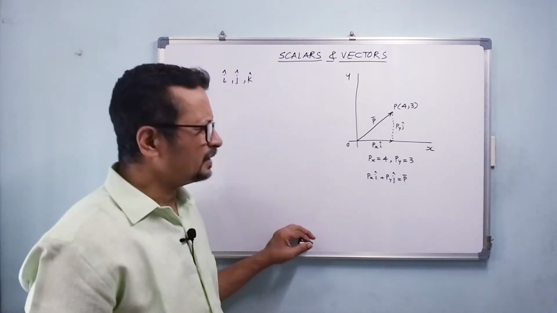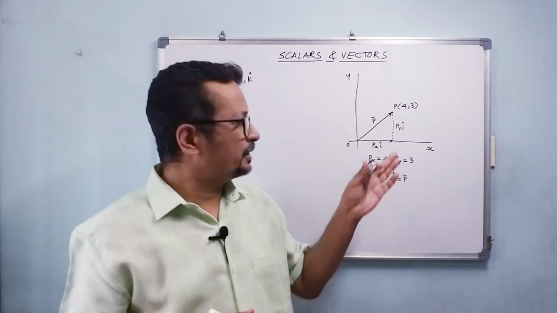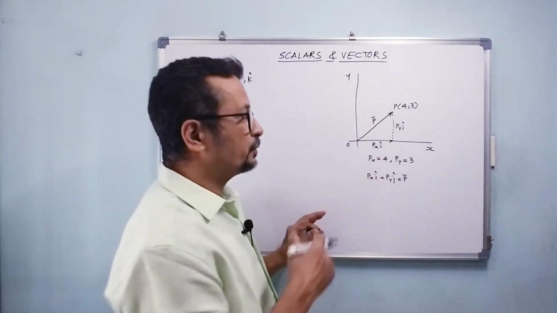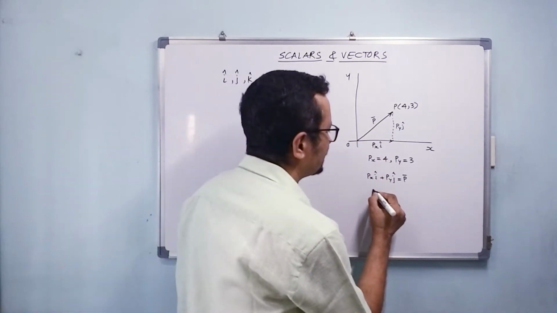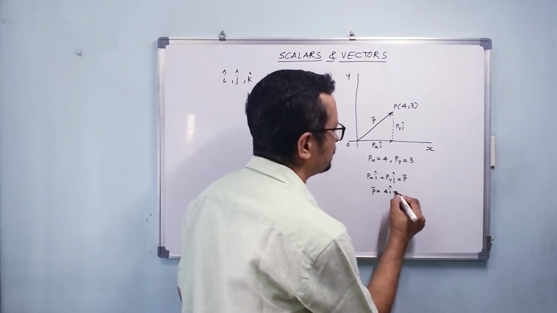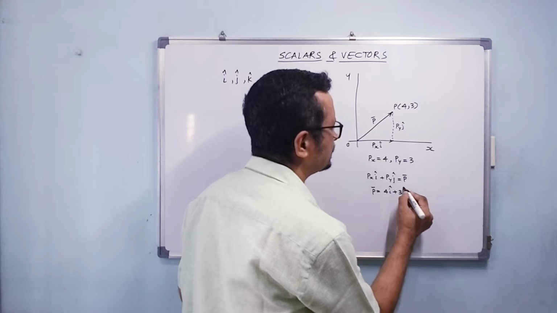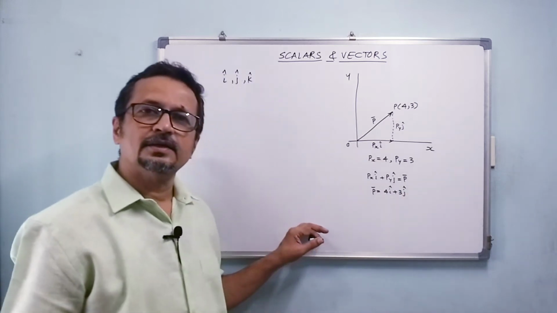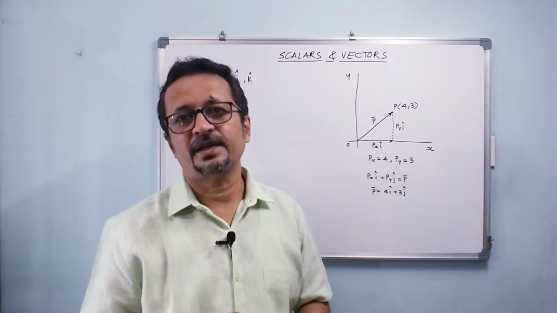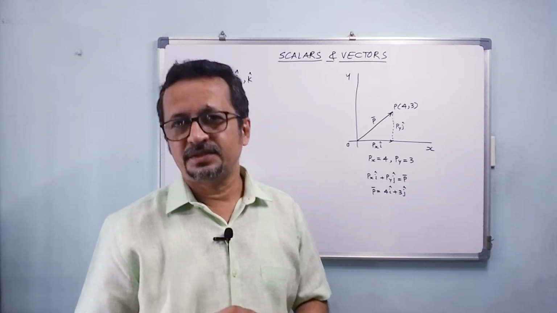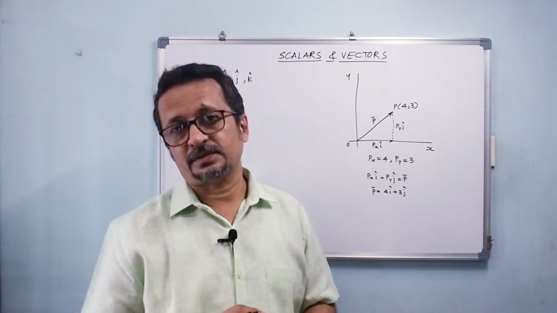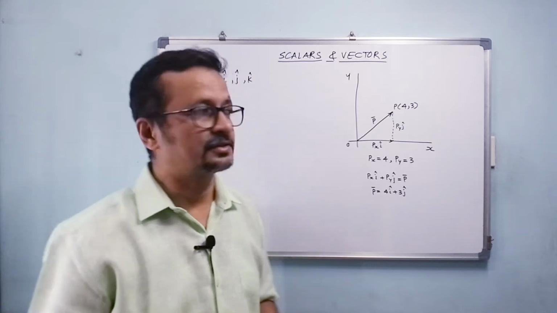In place of px you can put 4 and in place of py you can put 3, so p bar is 4 i cap plus 3 j cap. Like that, every vector can be expressed in terms of its x, y and z components and the unit vectors along those directions, correct?